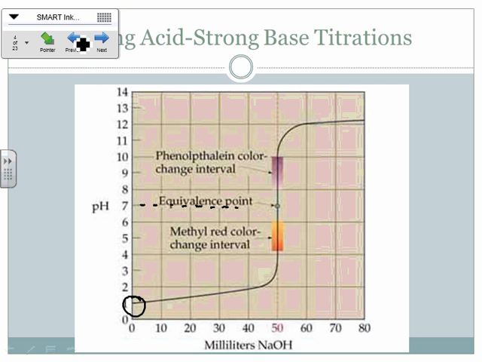Phenolphthalein changes at pH 8 to 9, 9 to 10, somewhere in that range. Either one of those indicators is acceptable for doing a strong acid, strong base titration like this. Because, honestly, there's almost no volume change between that pH change. So either one of those indicators is going to give you about the same value of the volume added for the base to get to the equivalence point. Okay.